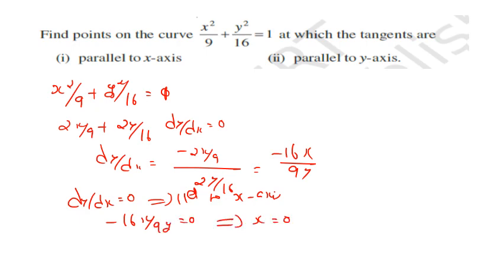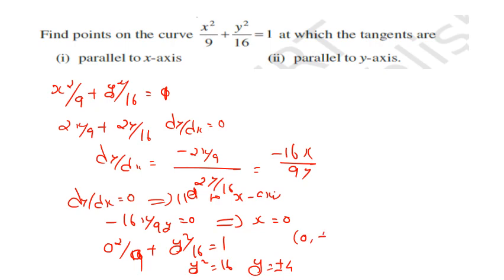Implies x is equal to 0. Therefore, the points are 0 squared by 9 plus y squared by 16 is equal to 1. Therefore, y squared is equal to 16, y is equal to plus or minus 4. So, the points are 0, plus or minus 4.